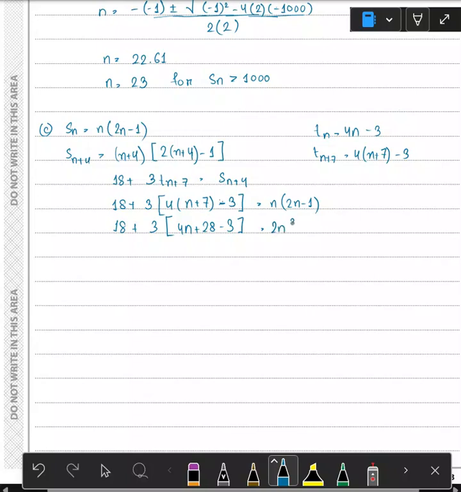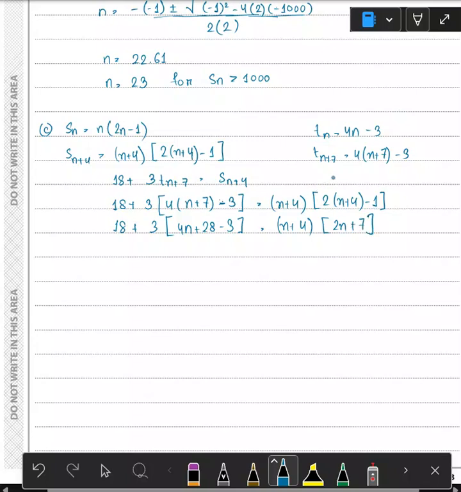It is equal to 2n square. Sorry, this is Sn+4. So Sn+4 would be, it's my mistake, n plus 4 bracket 2 n plus 4 minus 1. Okay, so simplify this: n plus 4, and this is 2n plus 8 minus 1, so this would be plus 7.